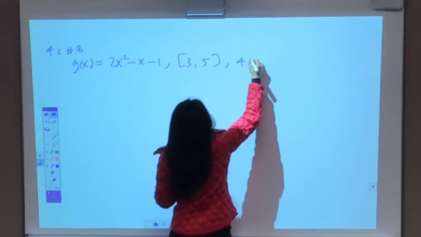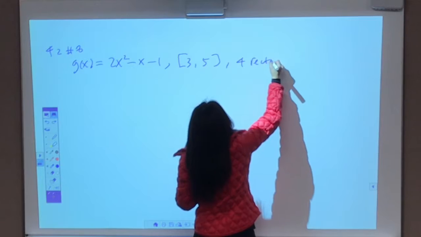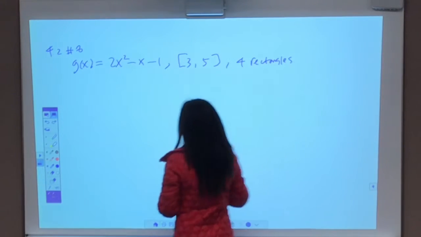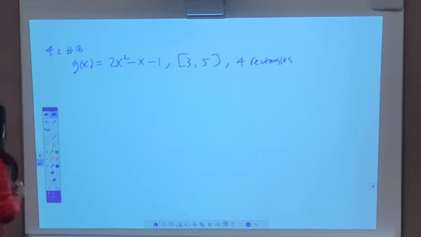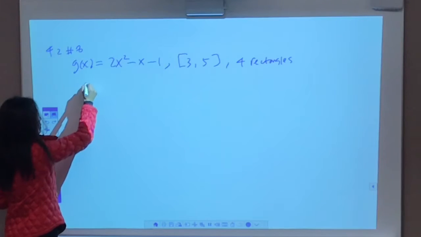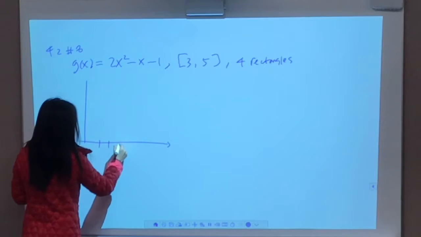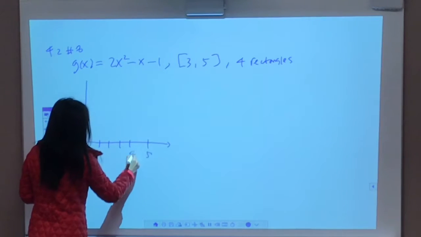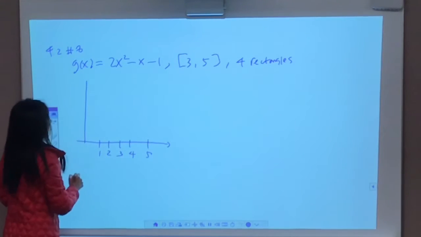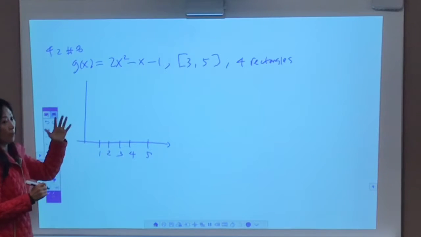And how many rectangles? 4 rectangles. So I'm just gonna roughly graph. Are you with me?